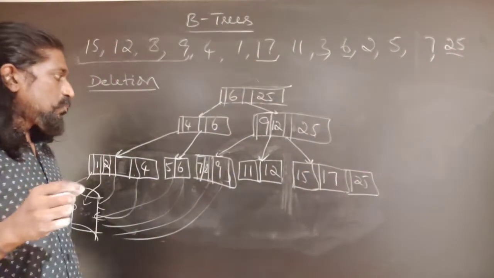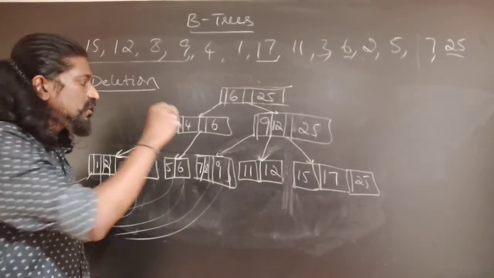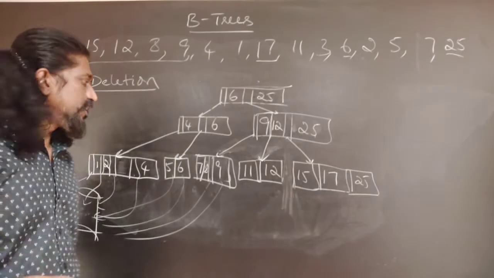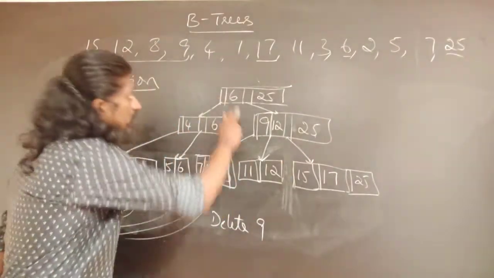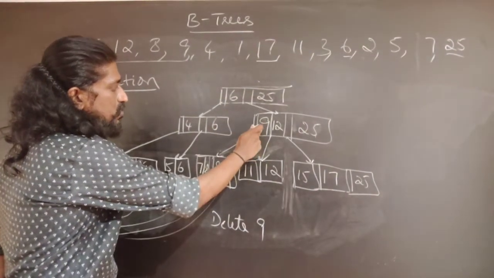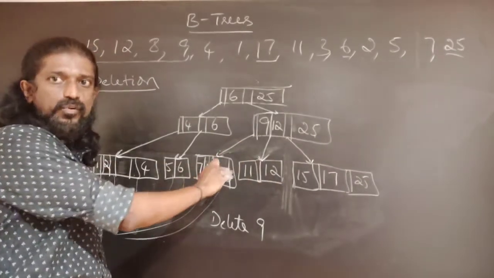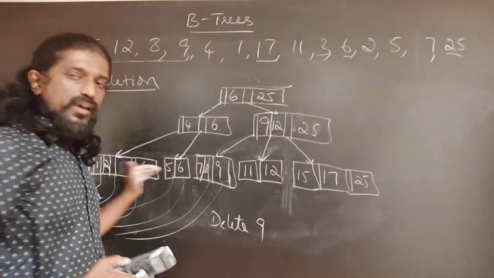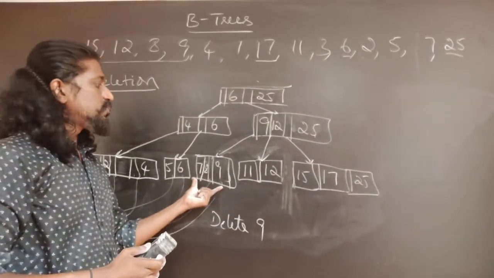Now suppose I want to delete an element that is the largest in the node, then what is to be done? Now suppose I want to delete 9. 9 is greater than 6 and less than or equal to 25, I come here. 9 is less than or equal to 9, I come here. First I have to delete at the leaf, because that is where all the keys are present. 9 happens to be the largest key in this particular node.